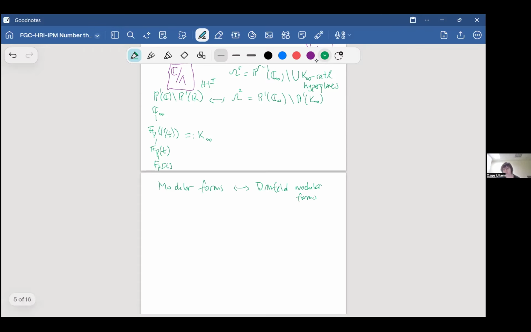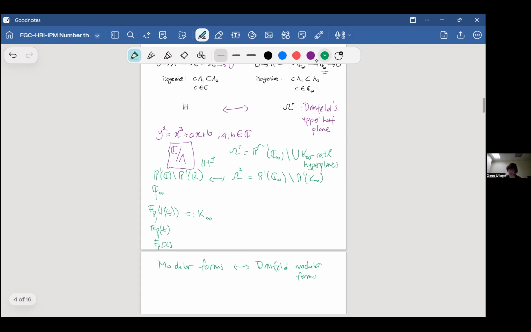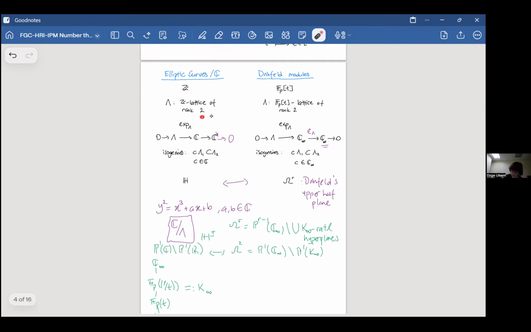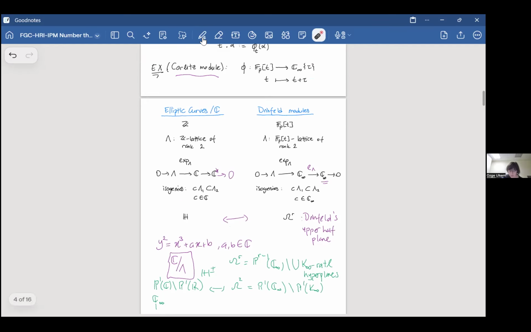Now, I want to make a remark here, which involves this two issue. We have only rank 2 lattices because C is a field extension of R of degree 2.